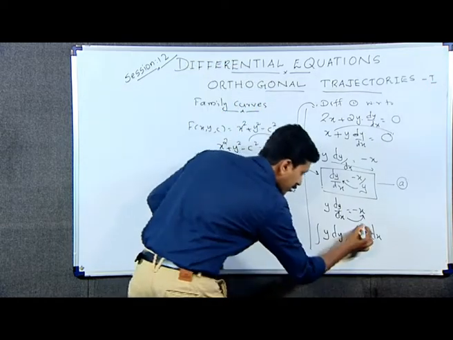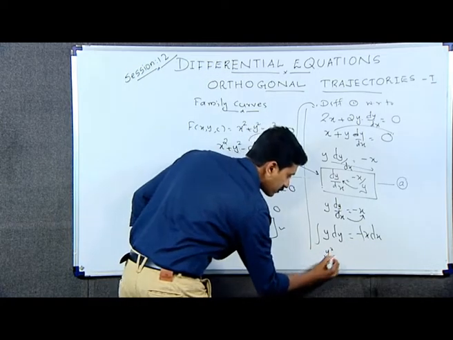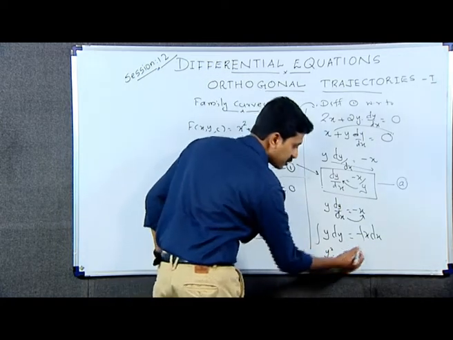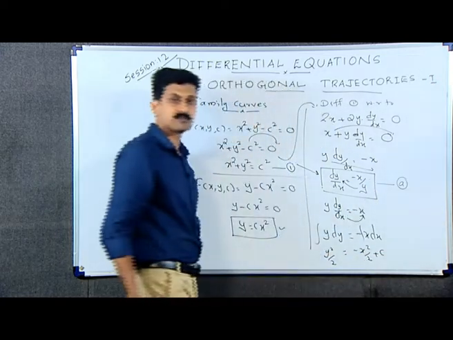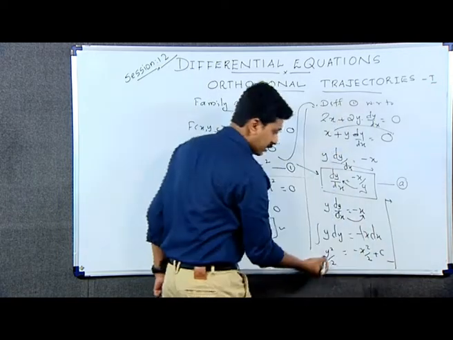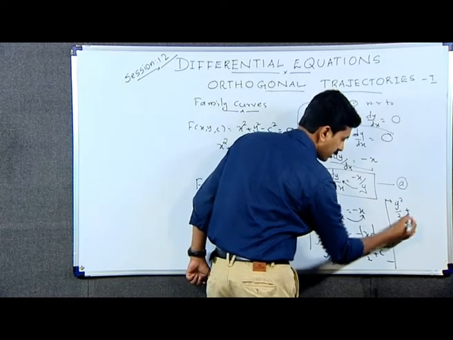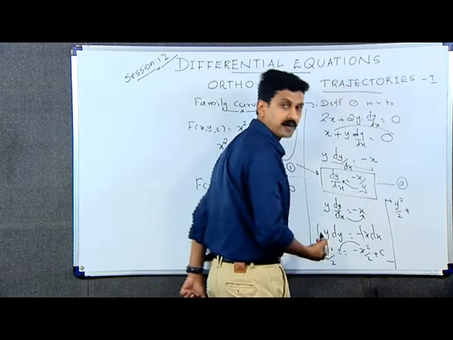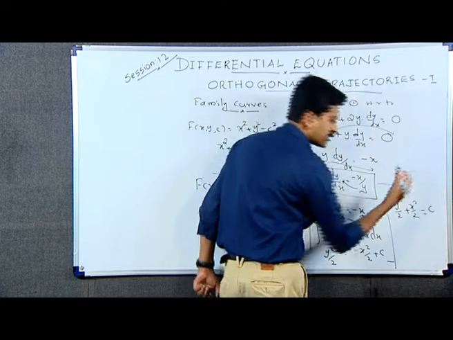While integrating on both sides, what will happen? The integral of y dy is y square by 2, and this is equal to minus x square by 2 plus c. From here, taking minus x square by 2 to the left side, we have y square by 2 plus x square by 2 equal to c.